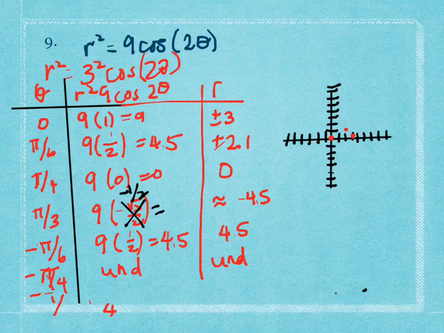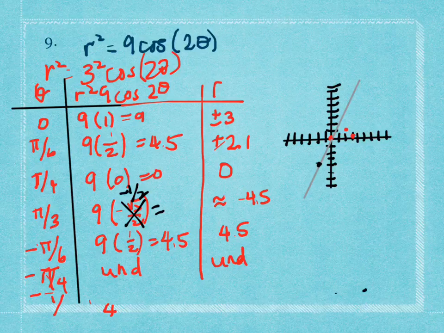So let's just get this pi thirds in, since I think that seemed to help us a lot when we were working on these. So here's pi thirds. You have to be anywhere along that line, and you're actually at pi thirds. We need it to be a radius of negative 4.5. So it's down here, something like this.